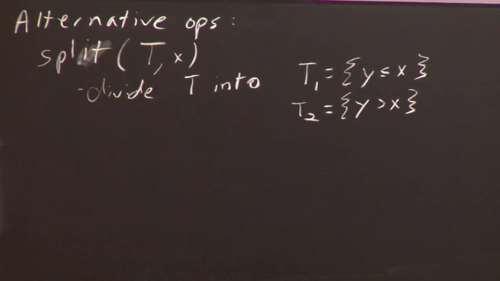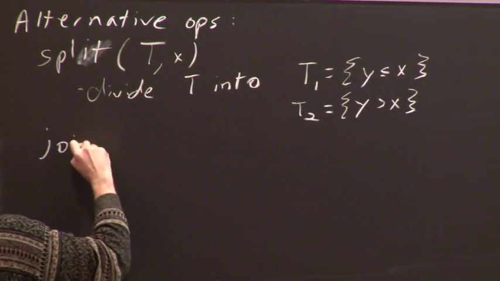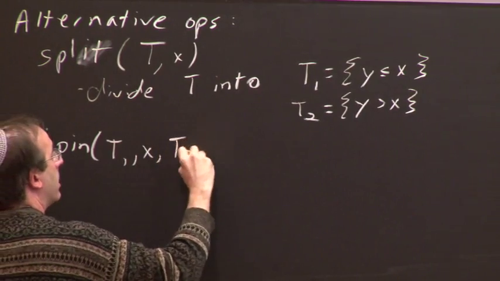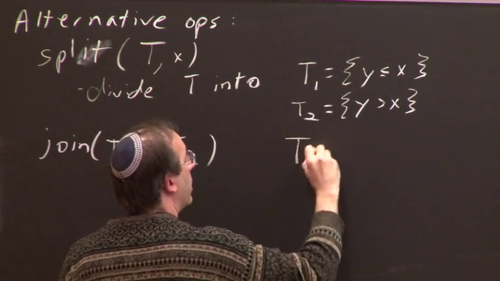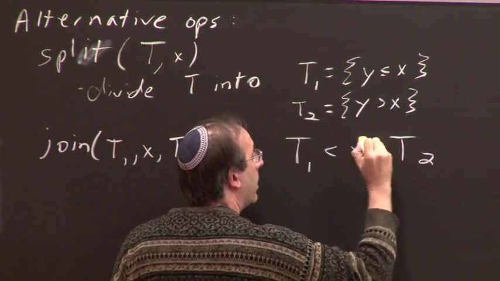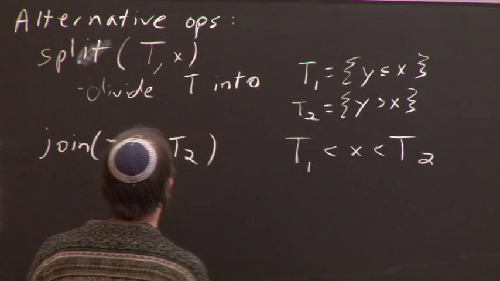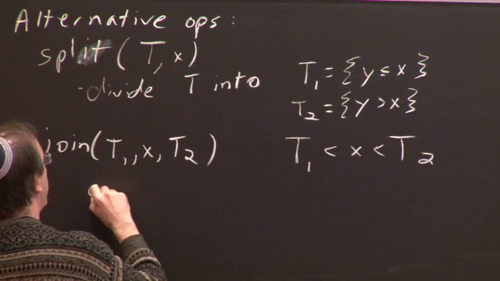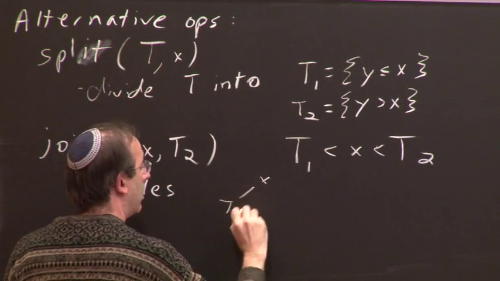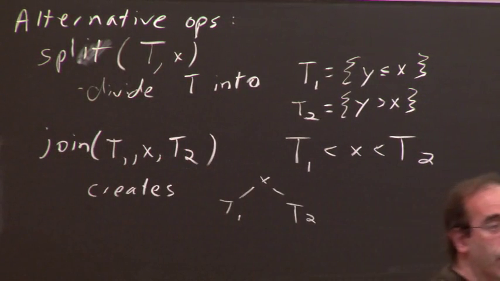Okay. And the opposite of the split operation, join, takes a T1, an X, and a T2 with the requirement that X is between T1 and T2, and essentially creates the joined tree, the combination of the two sets.